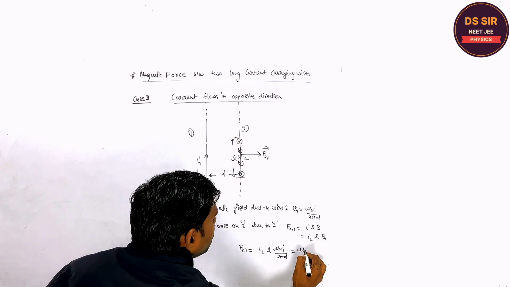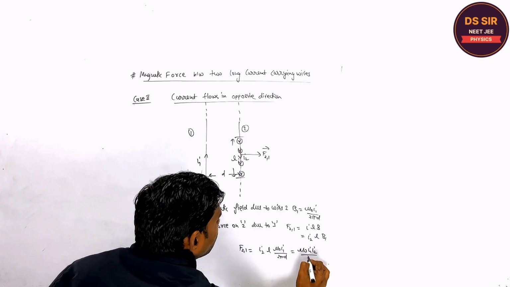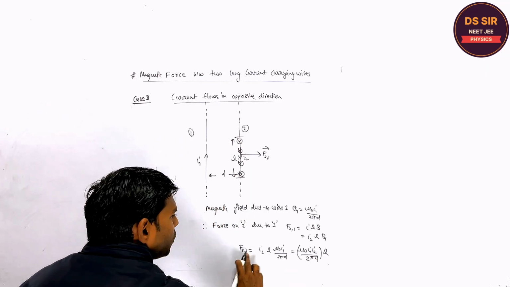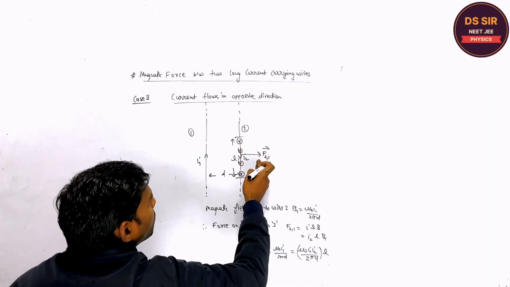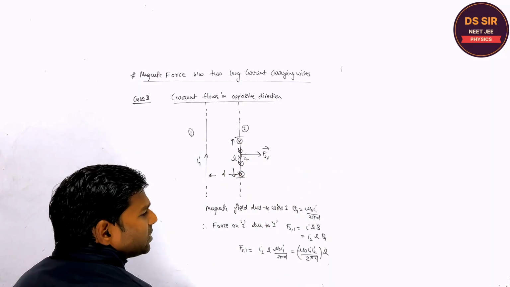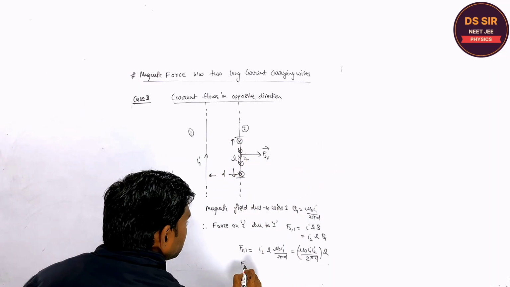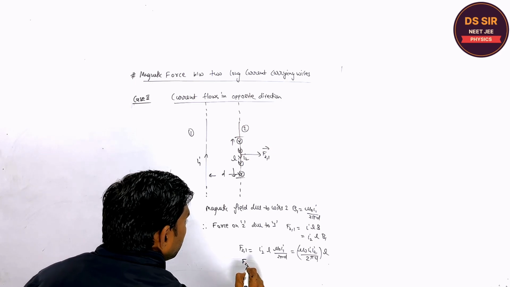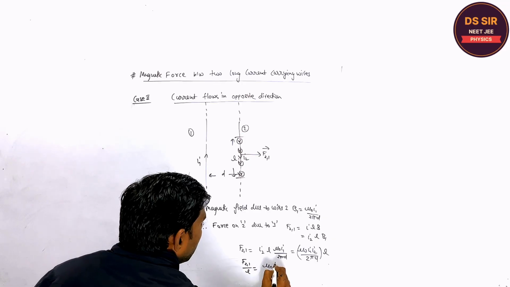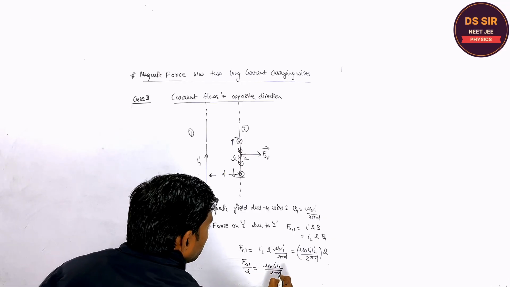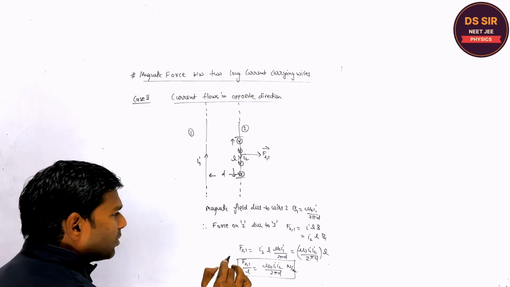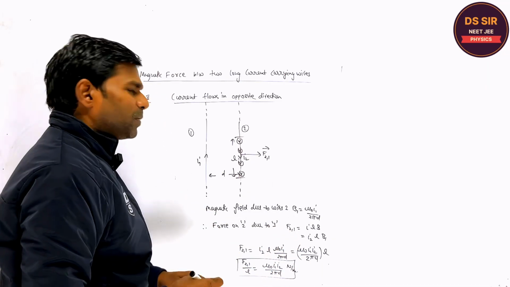If you simplify, mu naught I1 I2 upon 2 pi d into L. So this is the force on length L, which is away from this wire, which is repulsive in nature. But the force per unit length is mu naught I1 I2 upon 2 pi d in Newton per meter. Is it clear or not? This is the force per unit length.